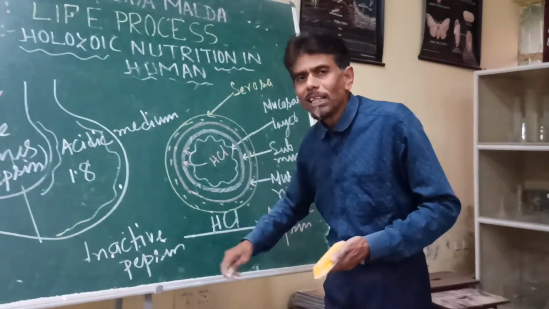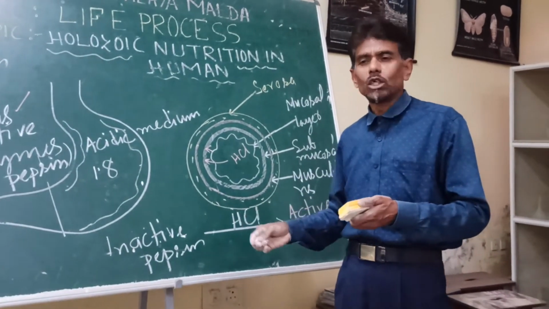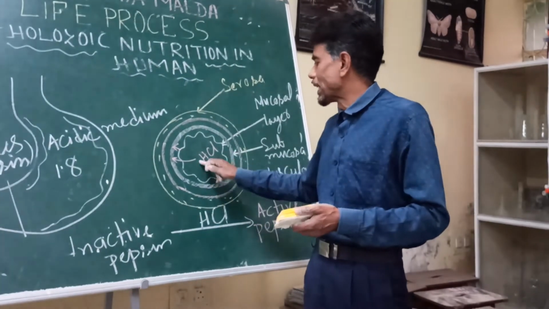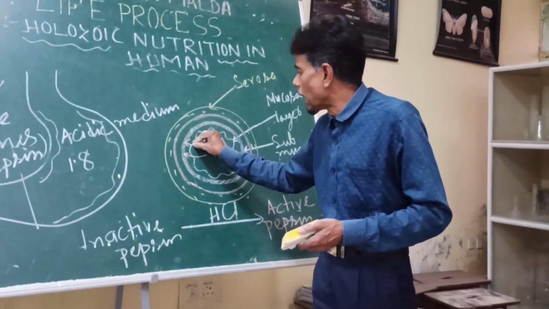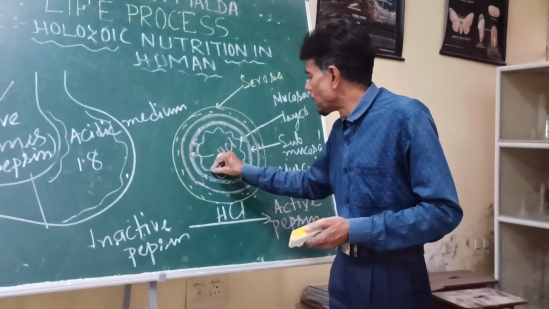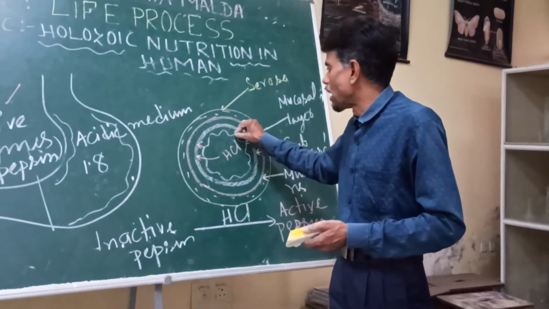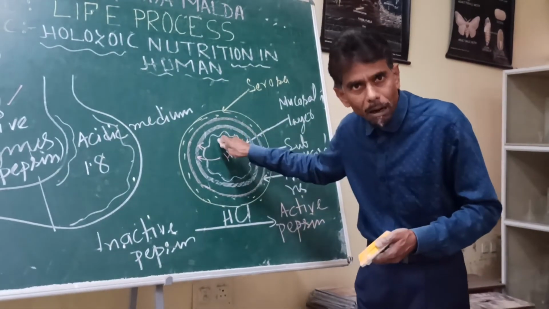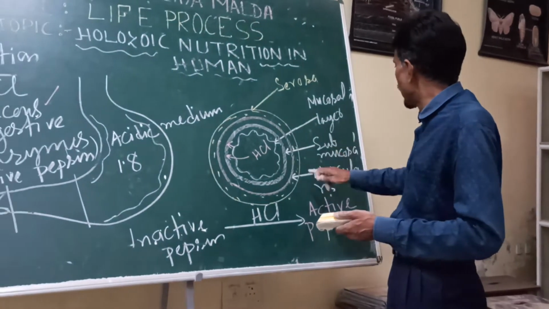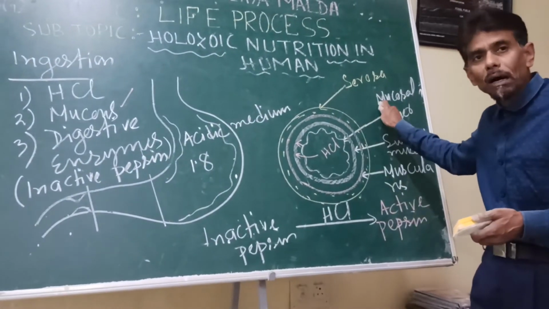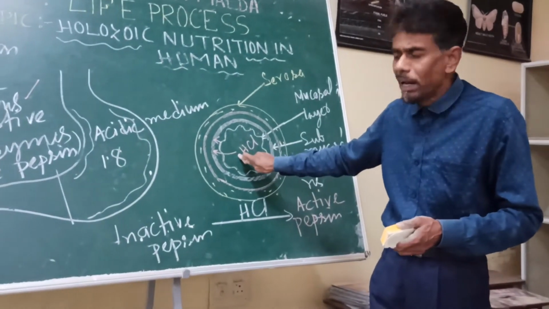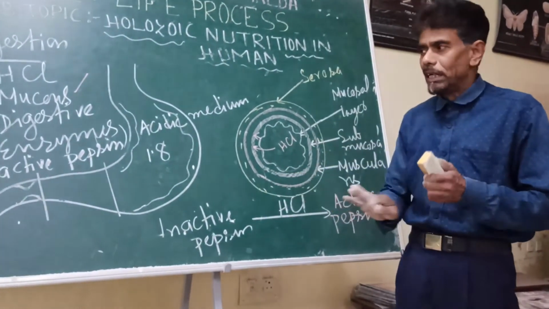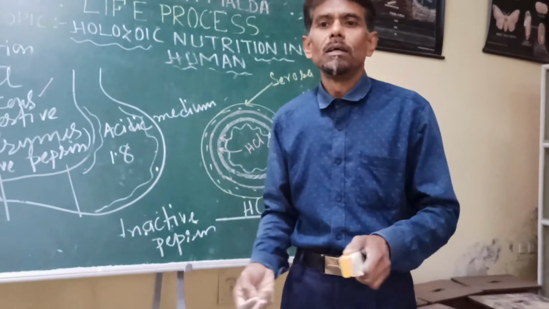In order to prevent the stomach wall against digestion by the enzyme and against the harm created by the HCl, it is the mucus which forms a very fine membranous layer as a protective covering. As you see here, the mucosal layer, a protective covering, prevents the stomach wall against digestion. Is that clear to you about the stomach?